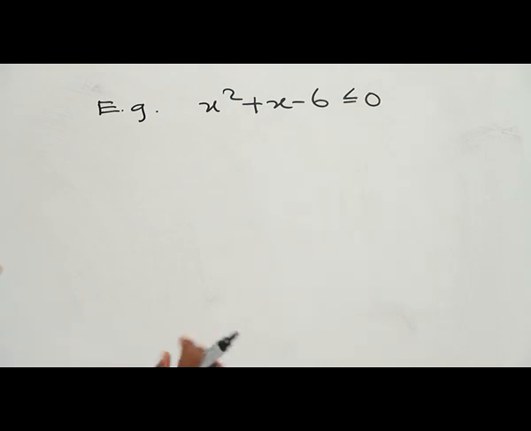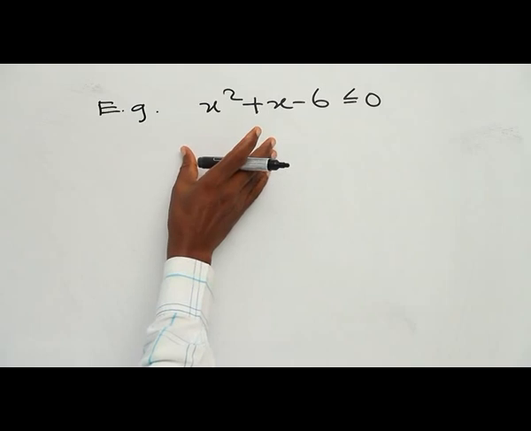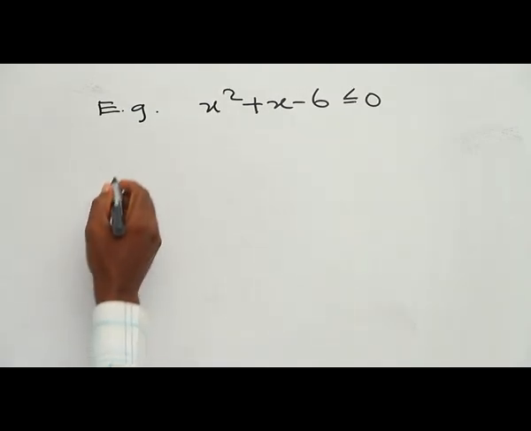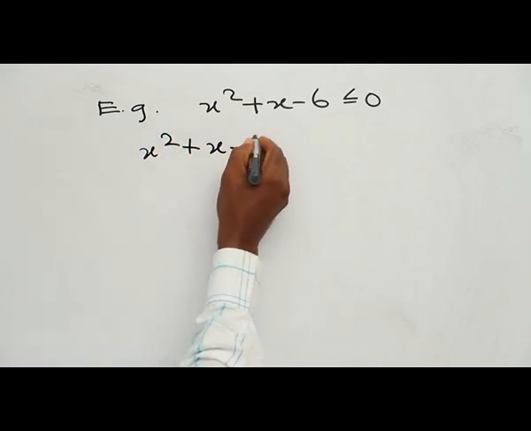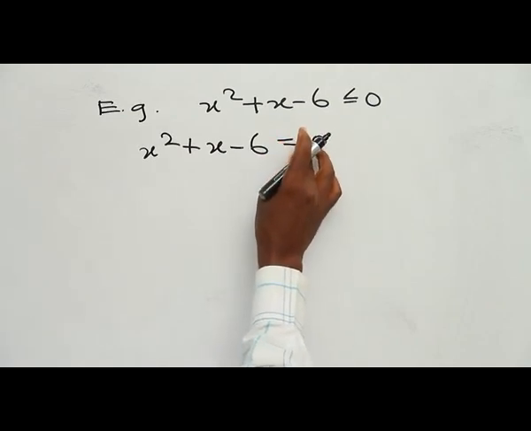We are going to use the two methods to demonstrate how to find the solution set. The first thing we do is to factorize the expression, assuming it is equal to 0.